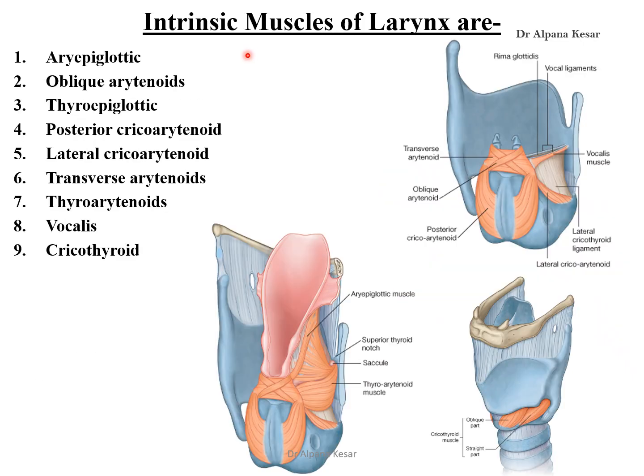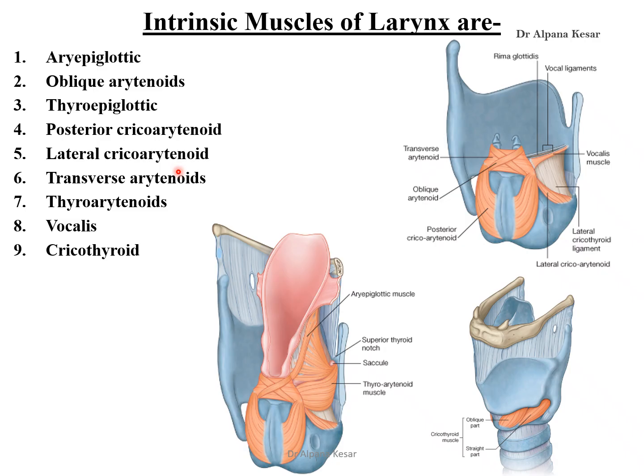Intrinsic muscles of larynx. There are 9 intrinsic muscles of larynx. The first 3 intrinsic muscles help in opening and closing the inlet of larynx, and that includes aryepiglottic muscle, oblique arytenoids, thyroepiglottic muscle.